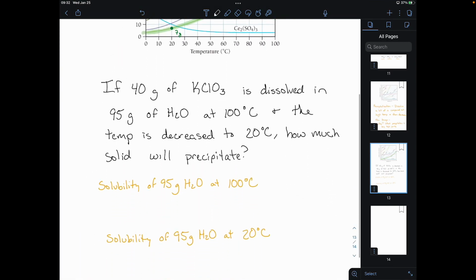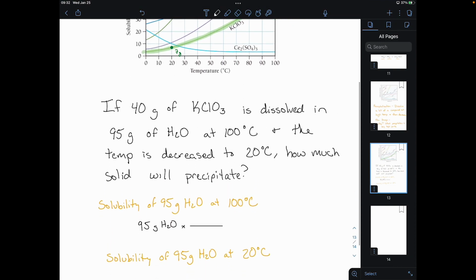So at 100 degrees Celsius, that's my 95 grams of H2O times that solubility at 100 degrees Celsius. What did I say, 57? 57 grams of KClO3 in 100 grams of H2O. All right, so that's 54.15 grams.